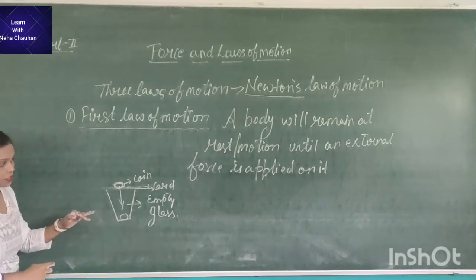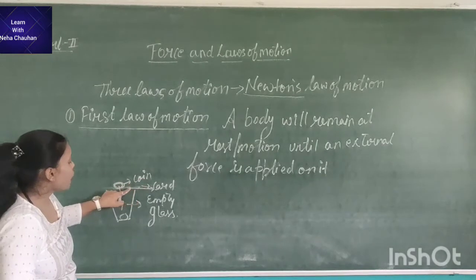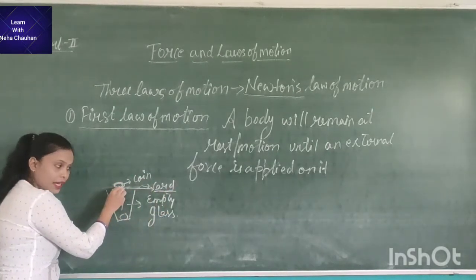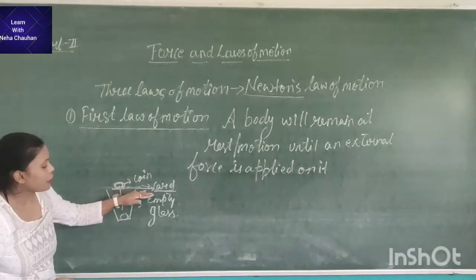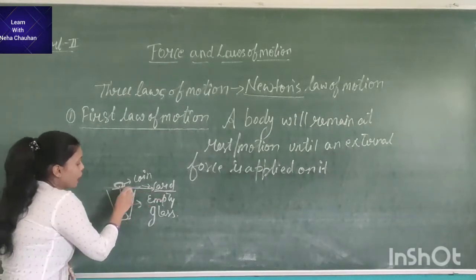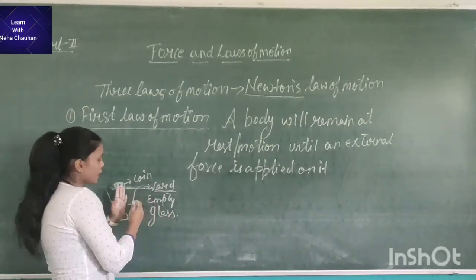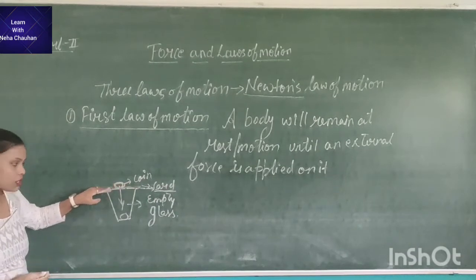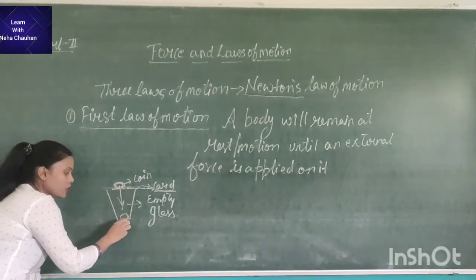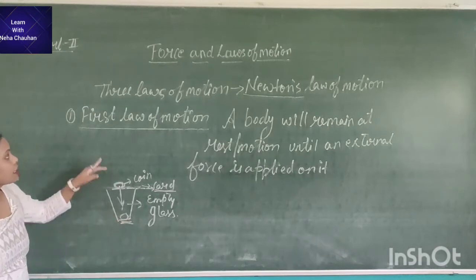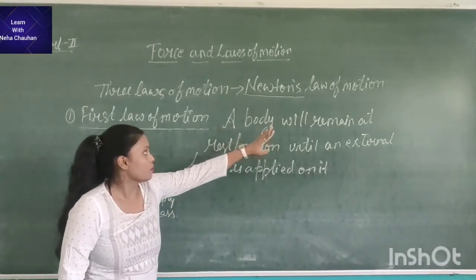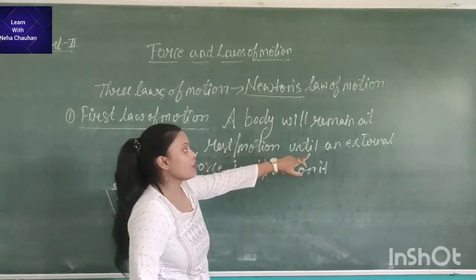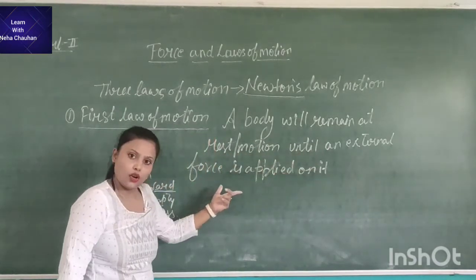Why does it happen? Because we have applied force on the card, not on the coin. The card moved, but the coin remained at the same position and dropped down into the glass. This states the first law: a body at rest or in motion remains so until we apply an external force.